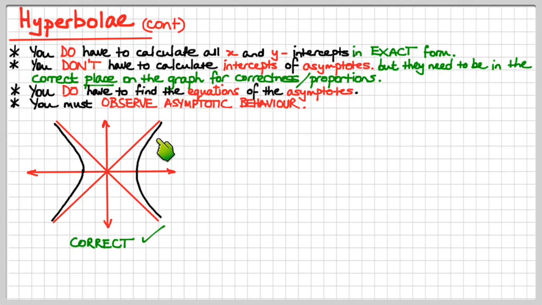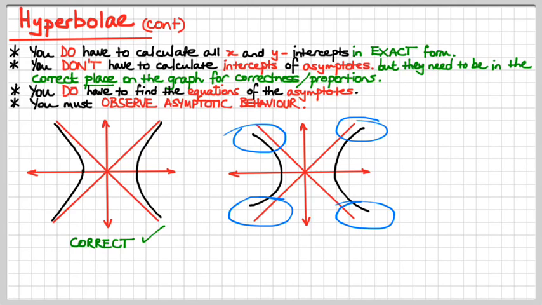You must always make sure the curve is approaching the asymptote when you've got increasing values of x. That is correct, that looks good. That is totally wrong. Look how that's bouncing back, like it's going to zoom back out into outer space, getting further away from the asymptotes again as x increases in the negative, and over here, conversely, as x increases in the positive, it's starting to arc away from the asymptotes.